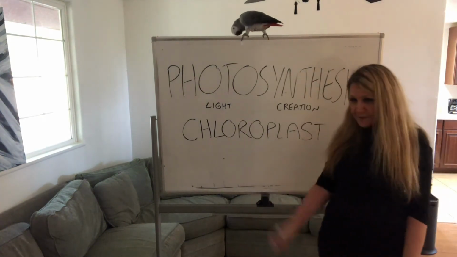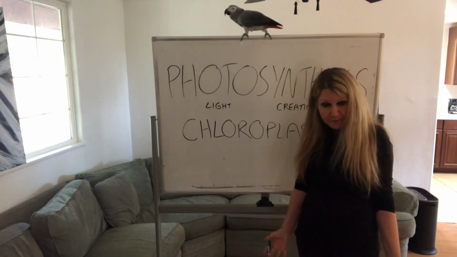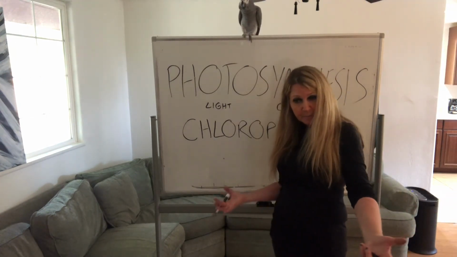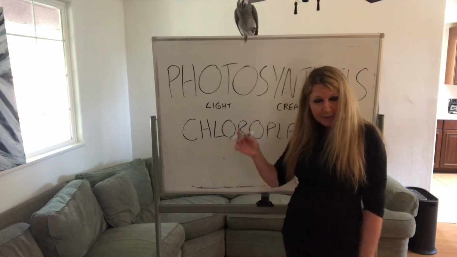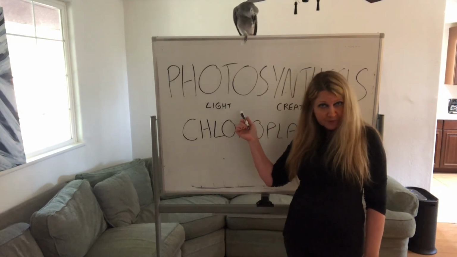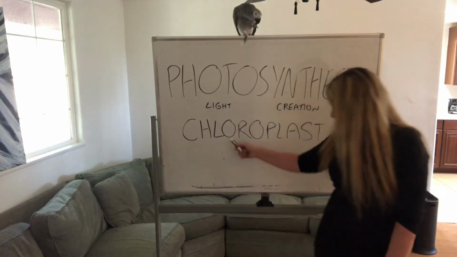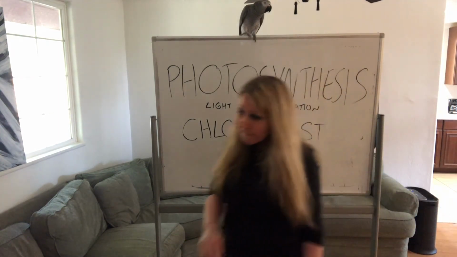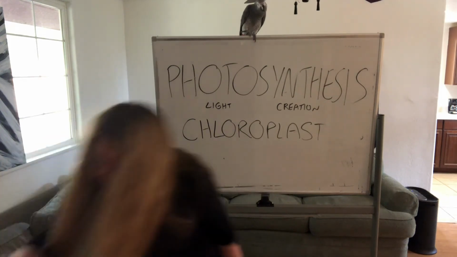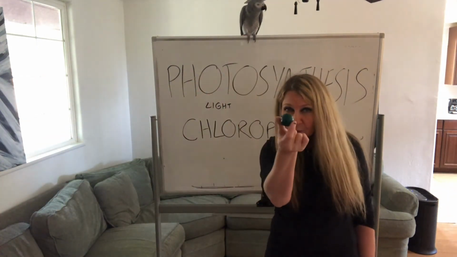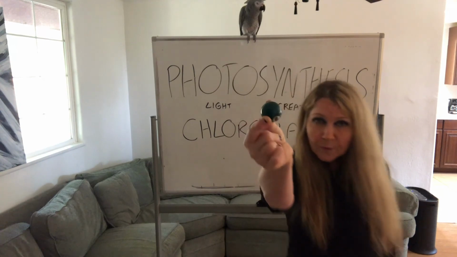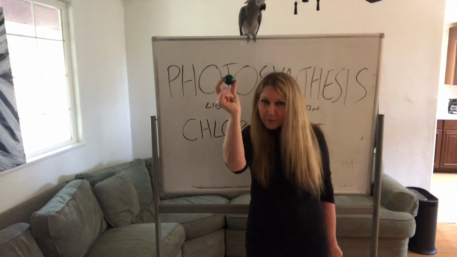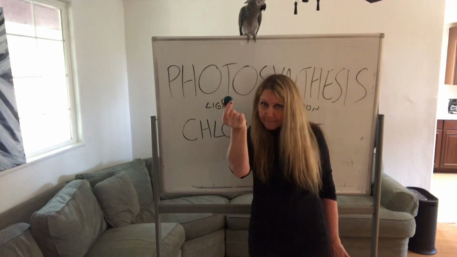Chloroplast is the part of the cell where photosynthesis happens. As you can guess, animals don't have chloroplasts, but plants do. And the bacteria that can perform photosynthesis also do. So in this chloroplast is where photosynthesis happens. All right?